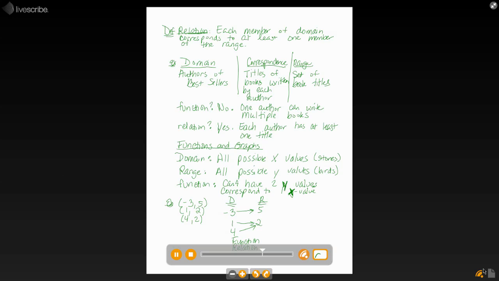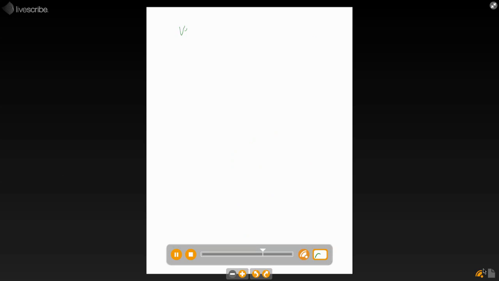Let's look at a sort of quick and dirty way of looking at a graph and figuring out whether that graph is of a function or not. That's called the vertical line test. I'll call it VLT. But I'm starting to get hungry from that. Okay, vertical line test.